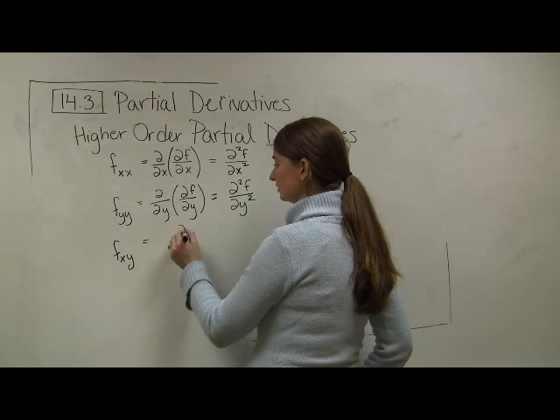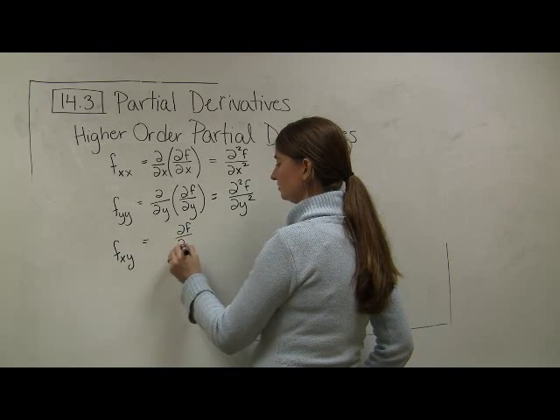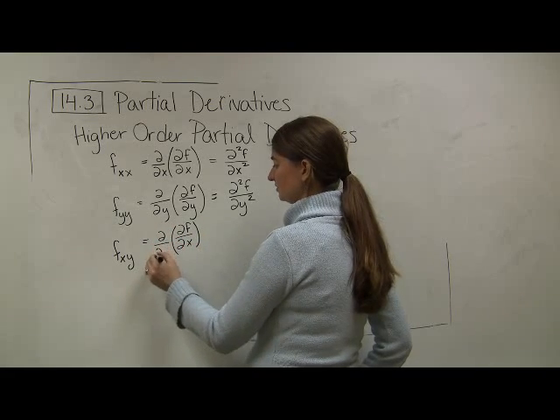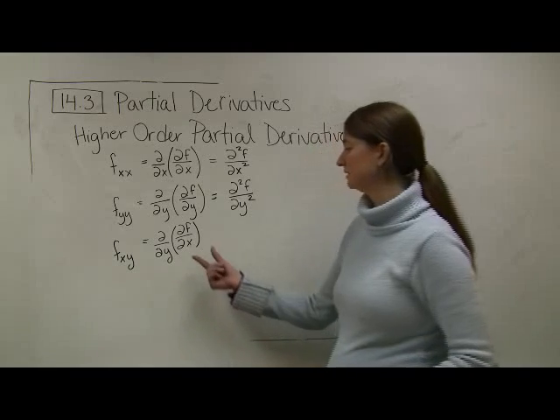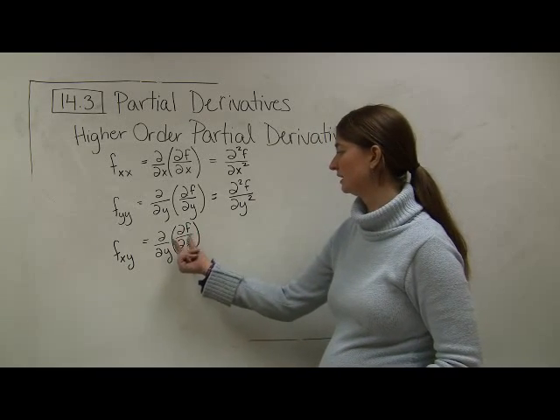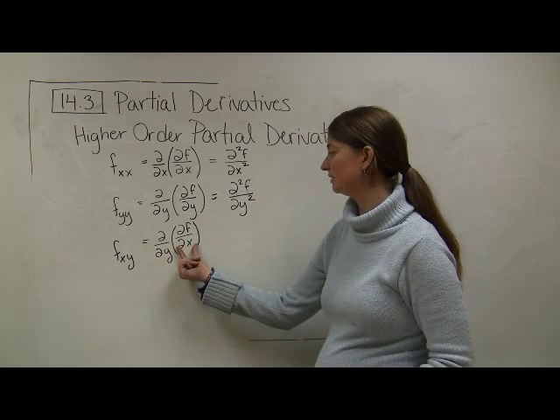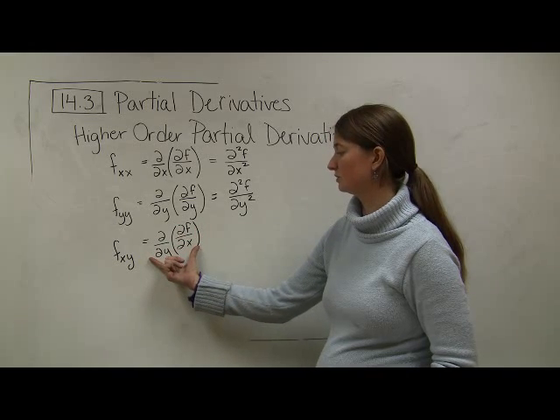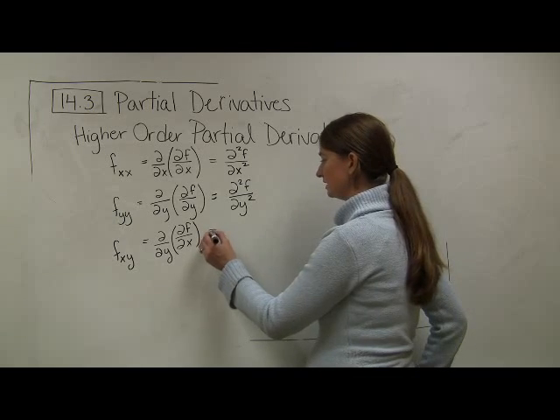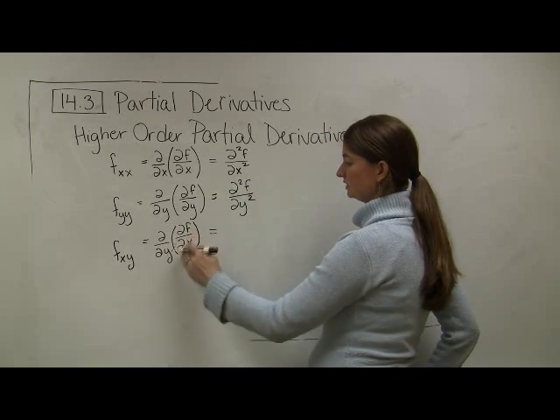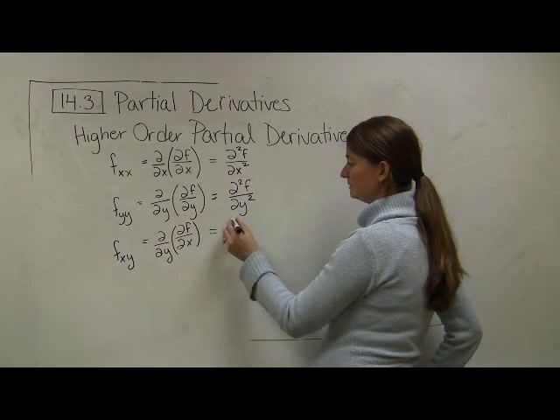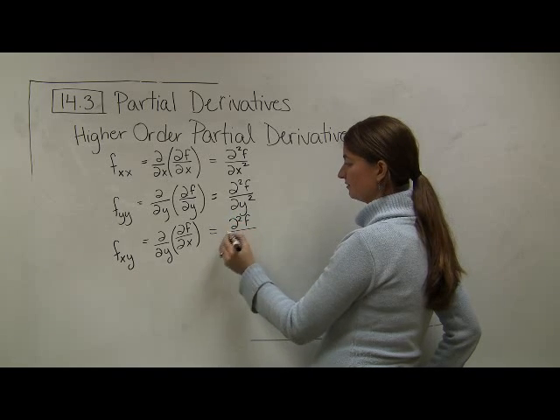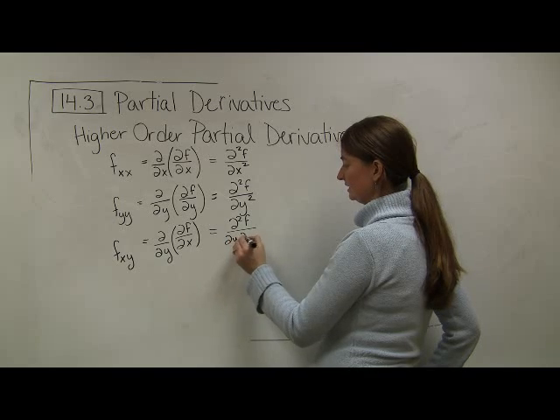So what's going on here? First, I'm taking my partial derivative with respect to x, and then I'm taking a partial derivative with respect to y. So my notation is df dx on the interior, because that's what I compute first, and then the derivative of that with respect to y. And the problem in notation comes from the translation of this into this final Leibniz notation, which is d squared f dy dx.